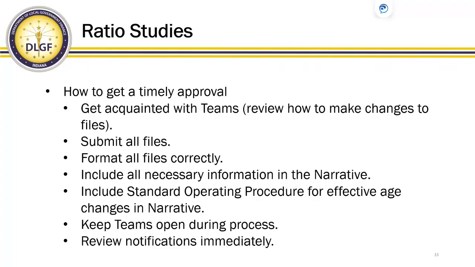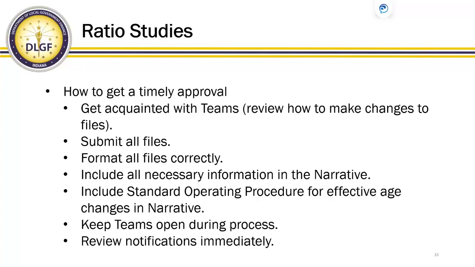In terms of our review process, we have an internal metric. Our internal metric is to review and approve ratio studies within 5 business days. We've had some ratio studies approved the same day, and we've had some that have taken a lot longer, depending on the nature of the issues or problems.